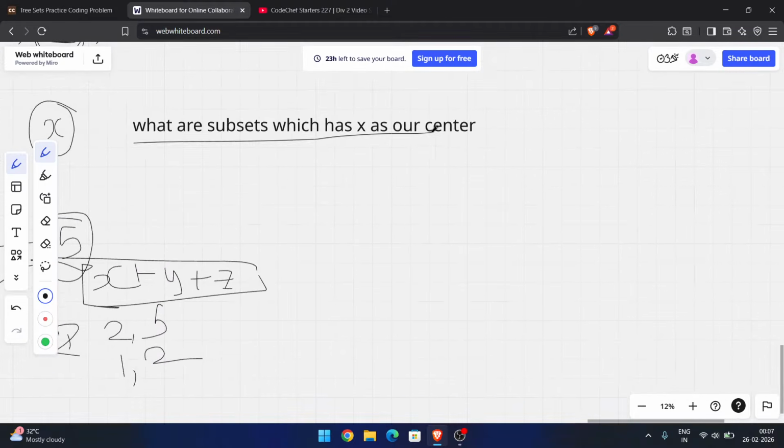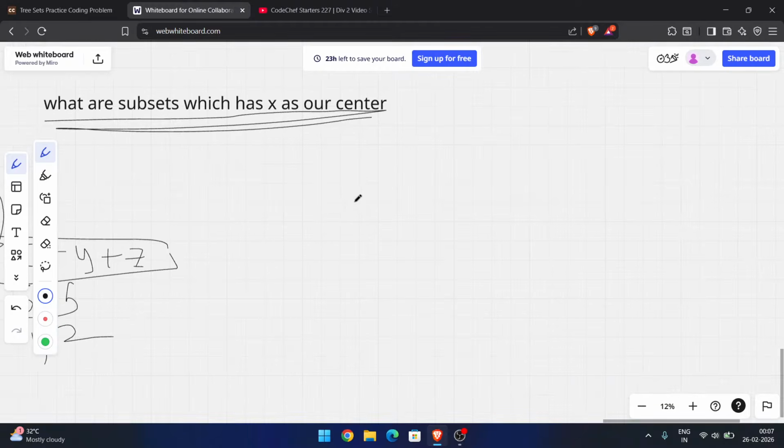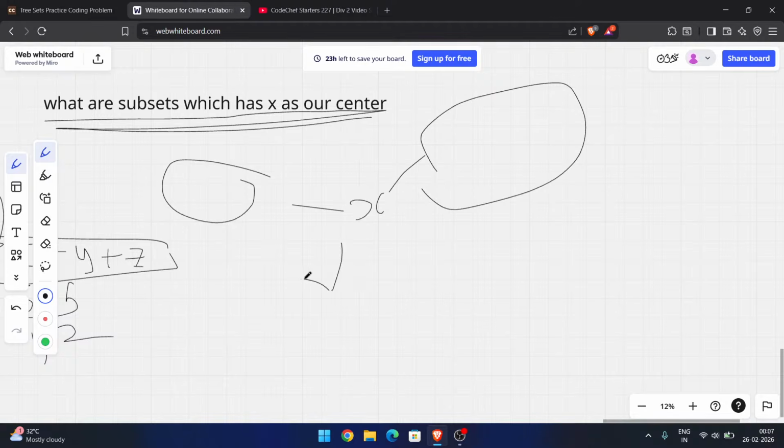As I said, we have to calculate this. Suppose this is one tree, this is one tree, and this is one tree.